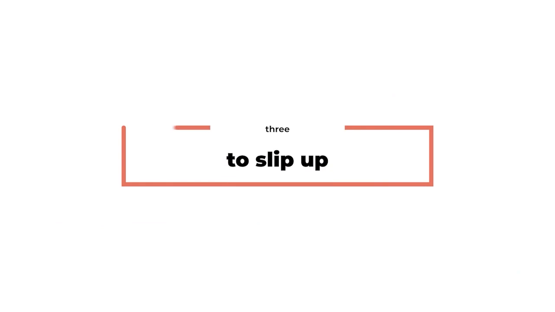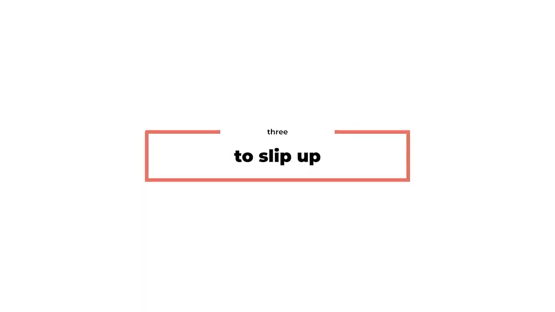We have a third expression, which is to slip up. Loads of phrasal verbs today. To slip up. Now you're thinking, well, this is the same as to mess up and to fuck up. But no, this is a little bit different. It's not completely different, but to slip up is used in more specific situations.